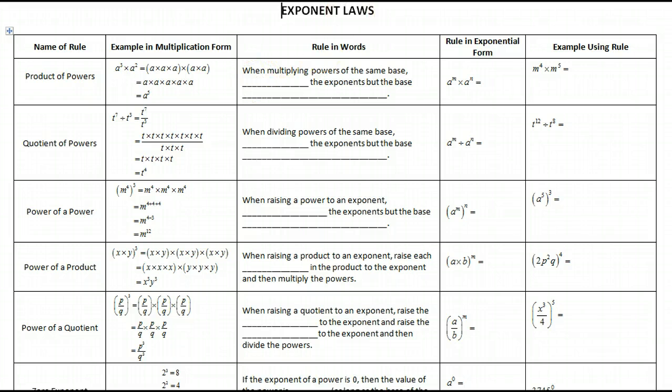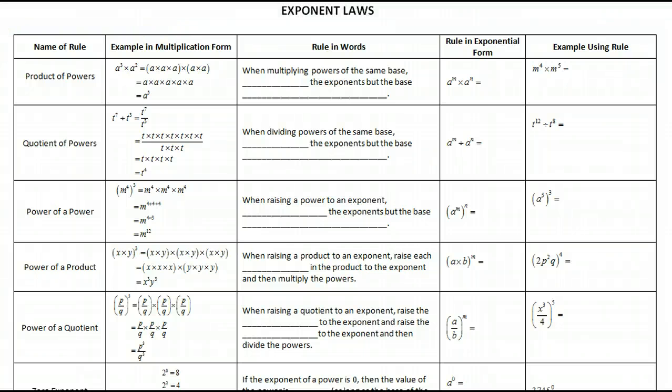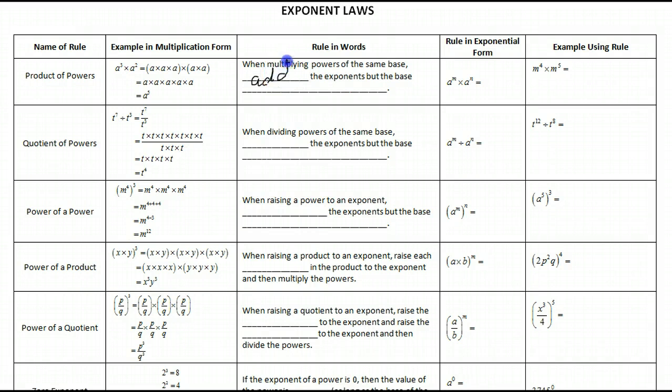Okay, I think I have to turn my pen on here. Add the exponents, but the base remains the same. We don't change the base, only the exponents change.